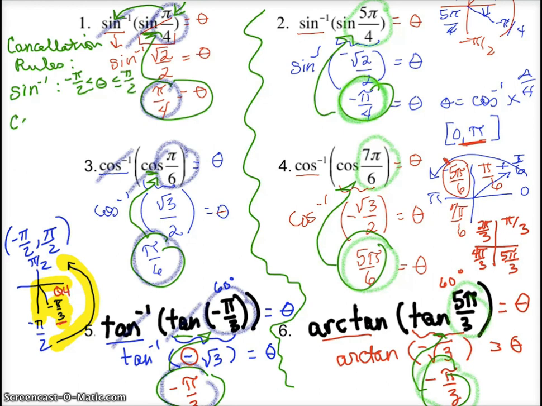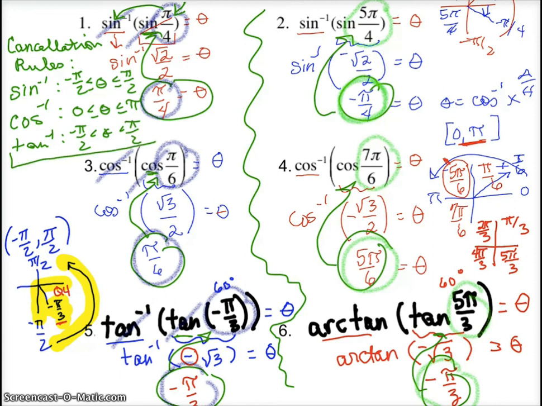When you are solving for inverse cosine, when the value of the cosine is between 0 and pi, you may cancel. And with inverse tangent, when the value is between negative pi over 2 and pi over 2, then you may cancel.